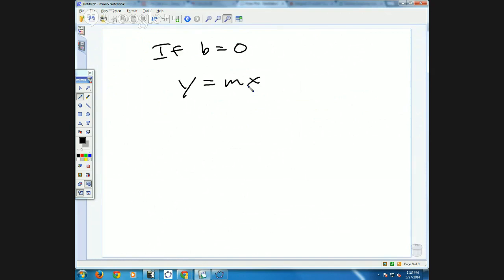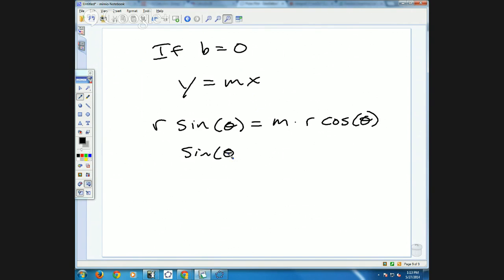What's y in polar? r sine theta. So I have r sine theta equals m times r cosine theta. And whoa, what happens to r here? It divides out, right? So then I get sine theta equals m times cosine theta.